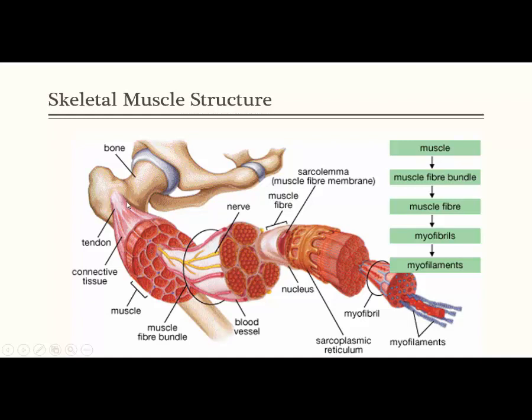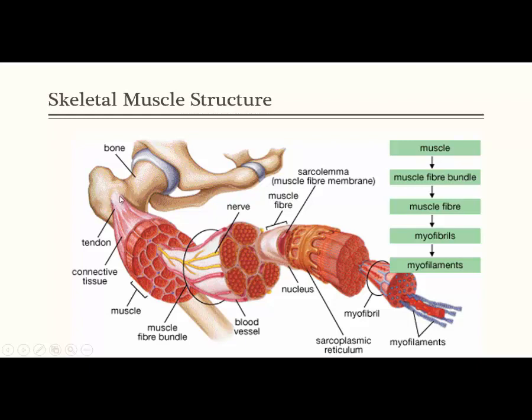So at the ends of the bundles of bundles that we end up calling a muscle, the collagenous ends of those myofibrils and muscle fibers converge into a collagenous fibrous structure called a tendon.